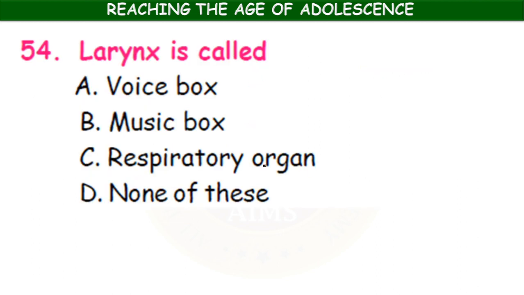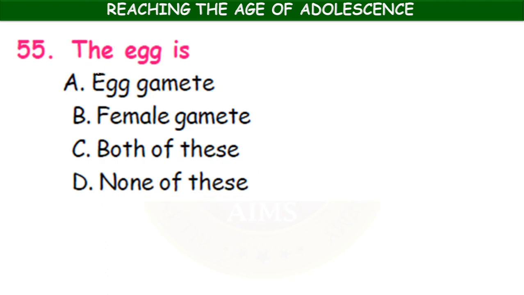Larynx is called voice box, music box, respiratory organ, none of these. Larynx is also called the voice box, a sound producing organ. The egg is the female gamete.